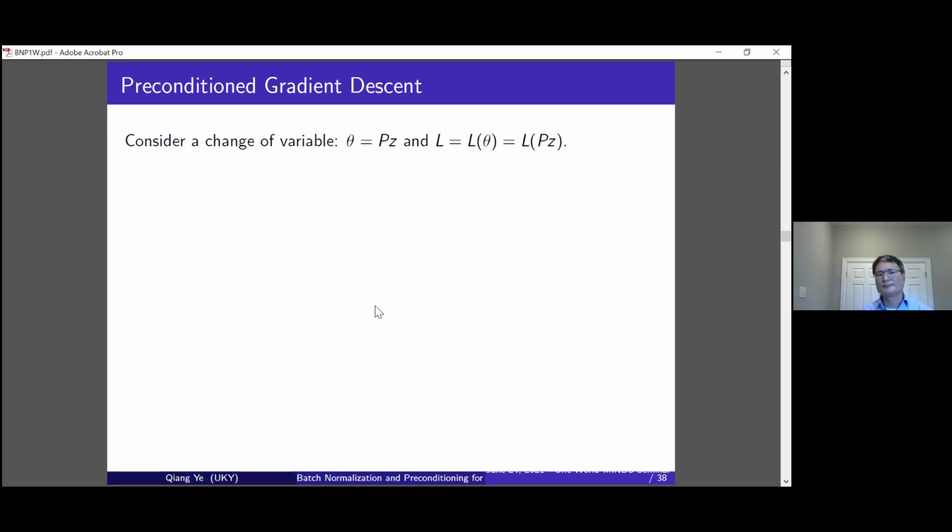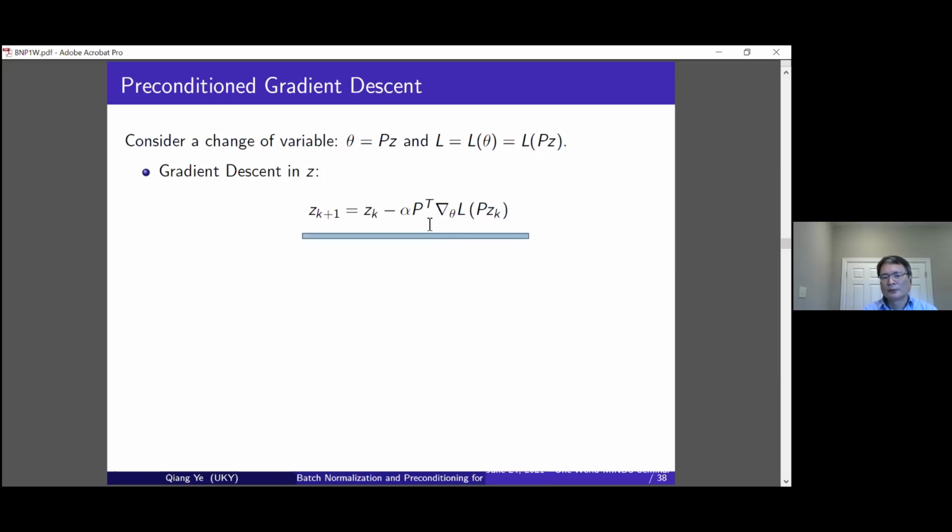Let's consider a change of variables theta equals PZ. The loss, for a single input, is L(theta) equals L(PZ). If we do gradient descent in Z, a standard gradient descent, then what we have is the gradient of L with respect to Z, which is the gradient with respect to theta times P. Now, if I multiply this equation by P from the left, I get theta_{k+1} and theta_k, since P times Z_k becomes theta_k, and then I have P P transpose times the gradient.